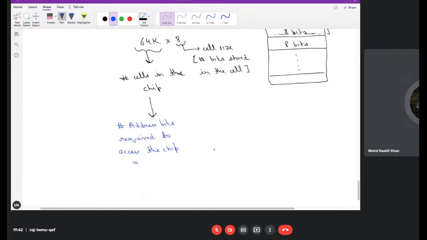So here there are 64K cells, so the number of address bits will be log of 64K base 2. K means 2 to the power 10, and 64 means 2 to the power 6. So 2 to the power 10 plus 6 means 2 to the power 16. And log of 2 to the power 16 base 2 is 16 only. So the number of address bits required is 16.